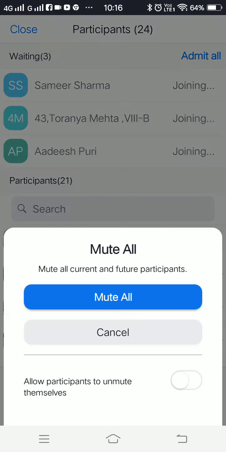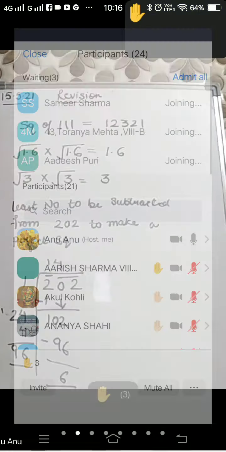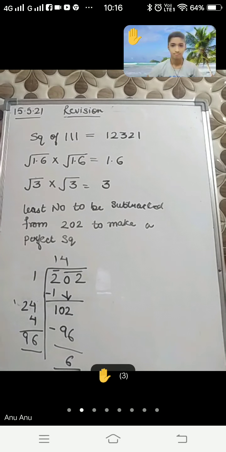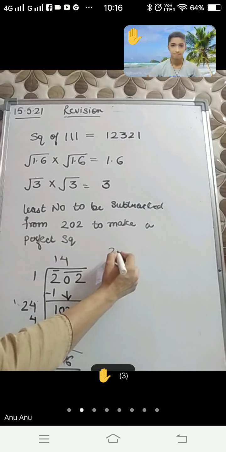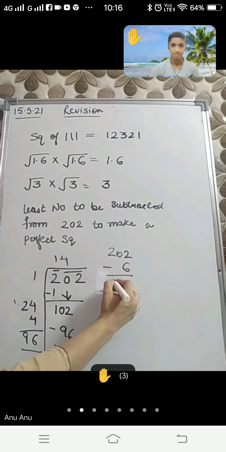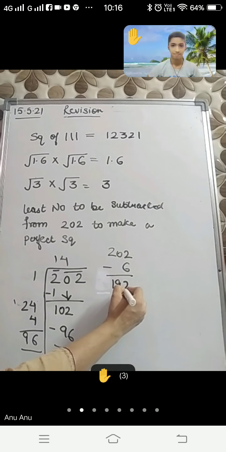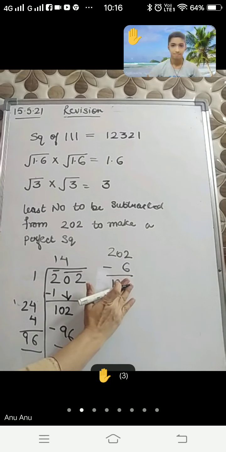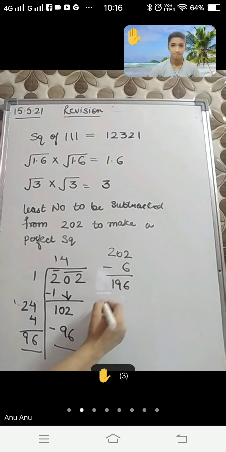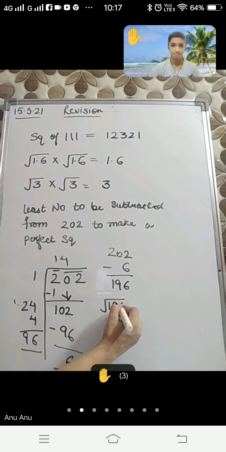Is it okay? So the least number is 6 and the number formed after subtracting 6 is 196, and the square root of 196 we have got as 14.